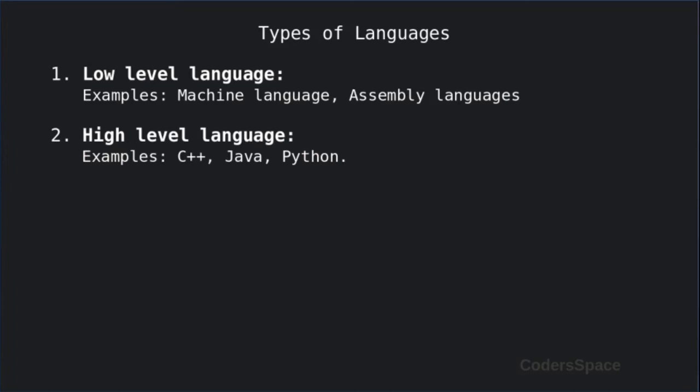For example, C language has 32 keywords, with programmer understandable words like if, else, while and for. Such words are used in high level languages, which makes programming very easy. The main advantage of high level languages is that they are not machine specific, they are machine independent.